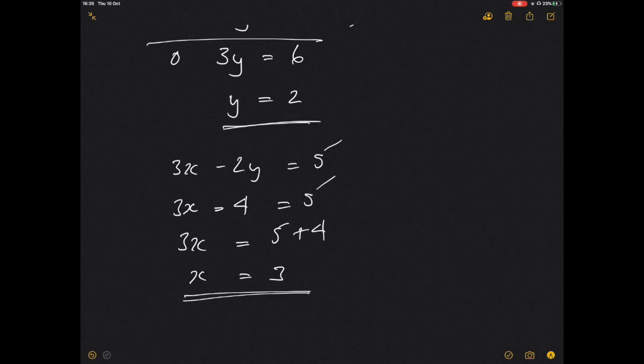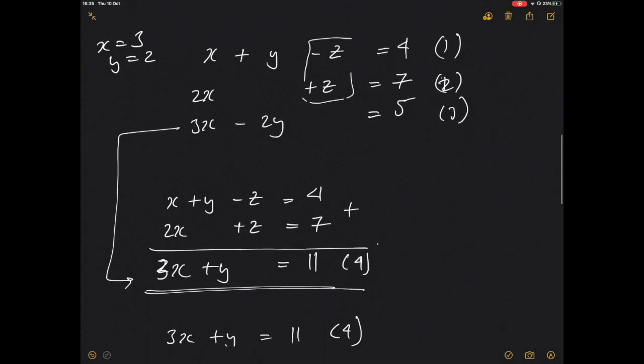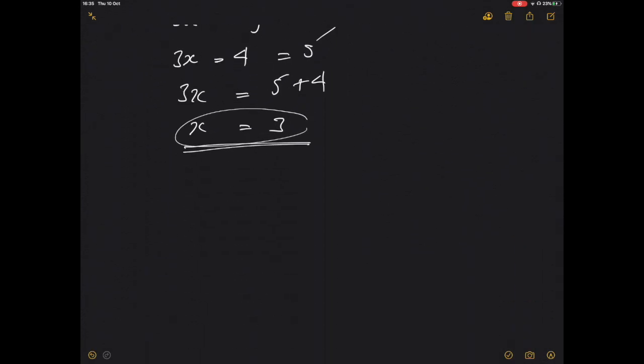So we've now got two solutions to our problem. If we go back to the top, we can see what we've got: x equals 3 and y equals 2. So we can now work out z. Let's take the original equation 1, x plus y minus z equals 4.